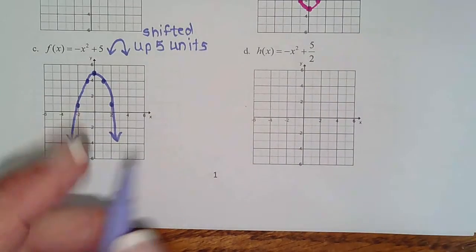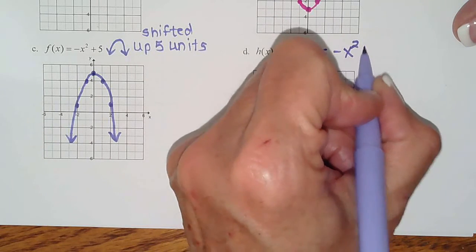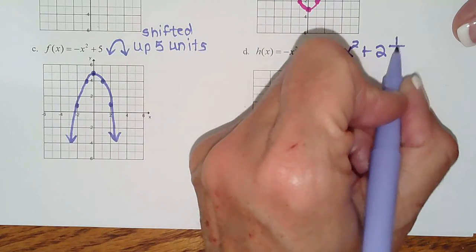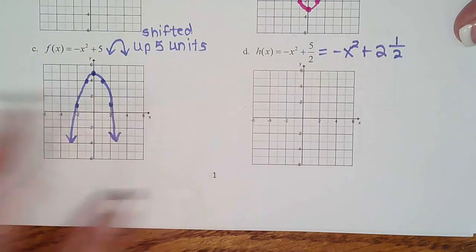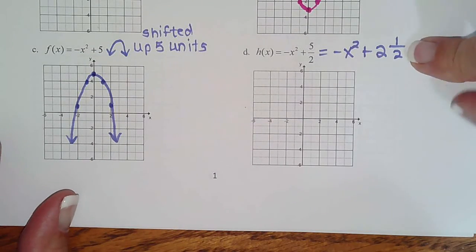Okay, next. This is the same thing as negative x squared plus 2.5. You can either put it in on your calculator, divide it in your head, divide it by hand, but 5/2 is just 2.5.